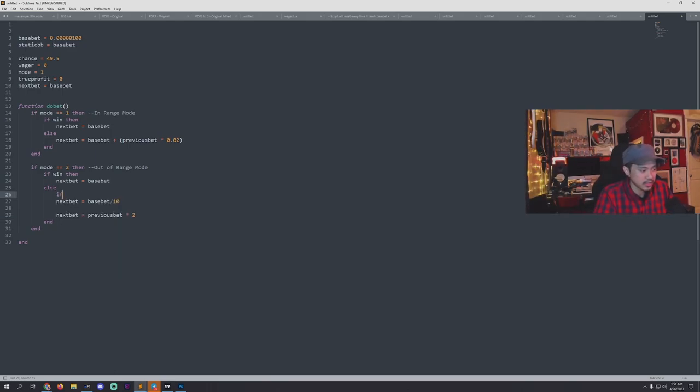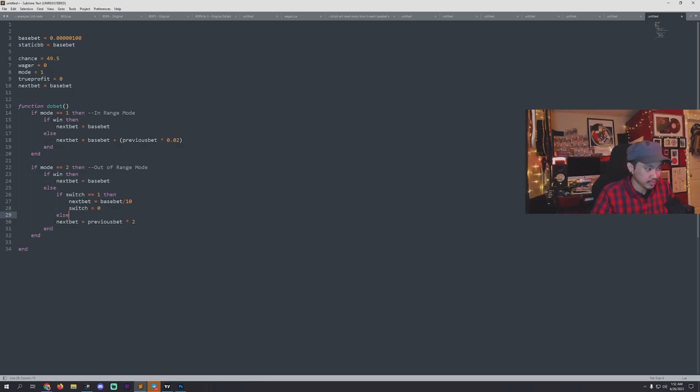So let's do this. Let's say if switch equals 1, then do this for the first time. The first time that it goes under the range, the next bet is going to be the base bet divided by 10, only for the first time. And then we put the switch back to 0.